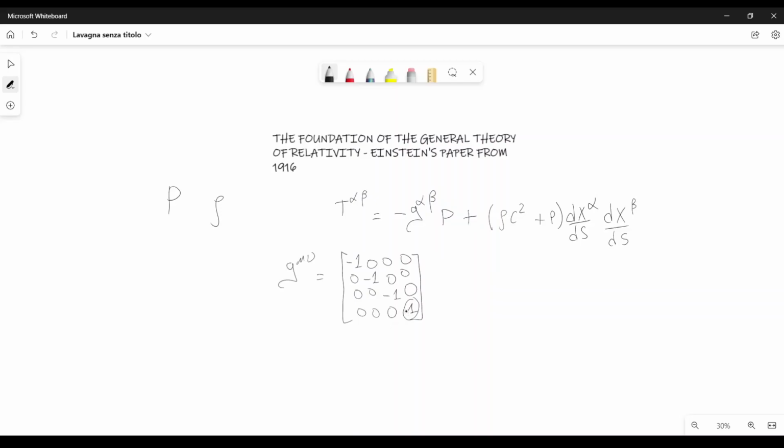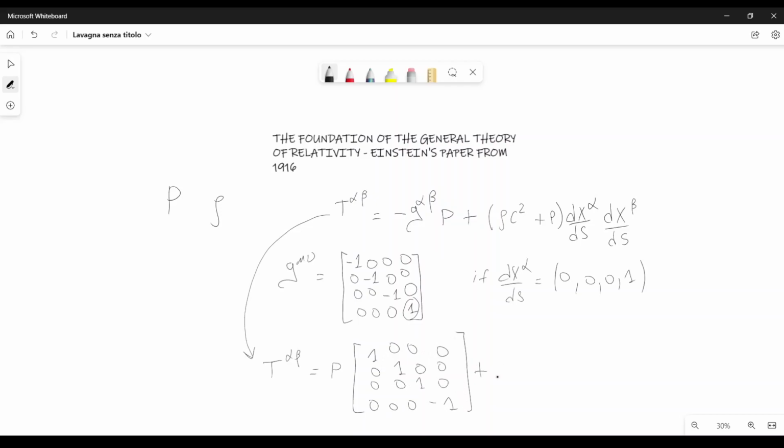And now if also dx alpha over ds is equal to 0, 0, 0, 1, this basically means that the three-dimensional velocity is 0 here, and we are in static conditions. This expression can be written like this: T alpha beta equal to P times the tensor 1, 1, 1, minus 1, and all zeros out of the diagonal, like this.